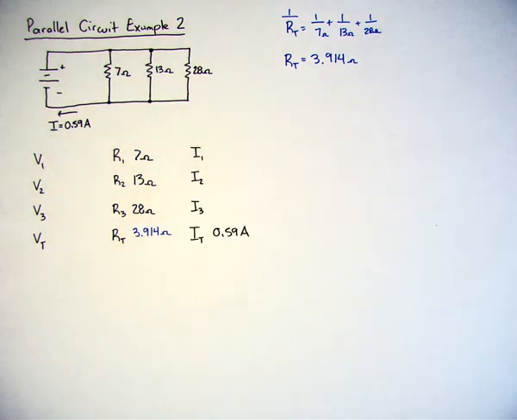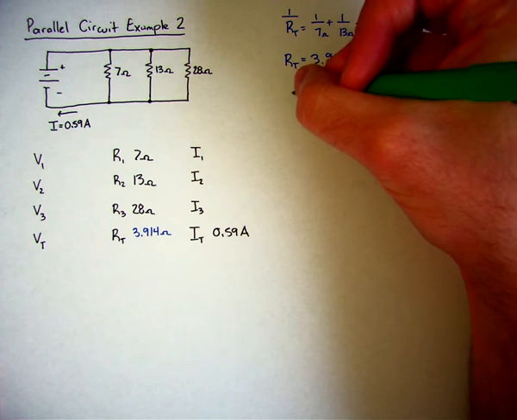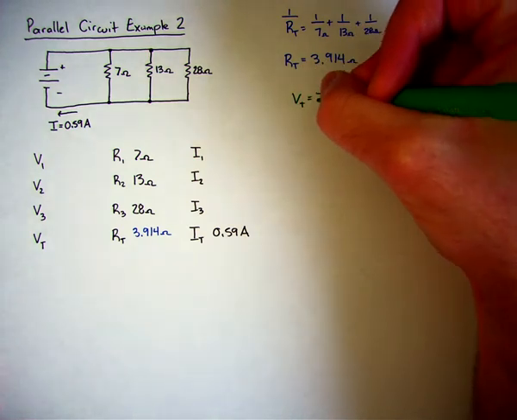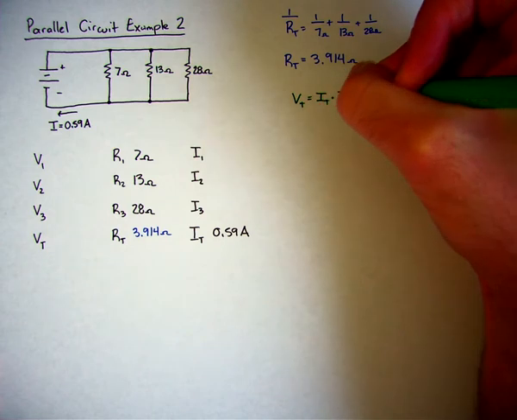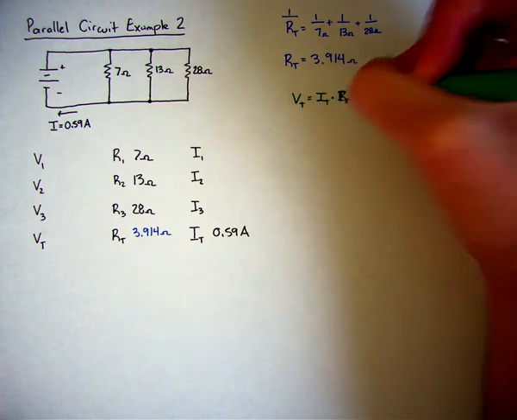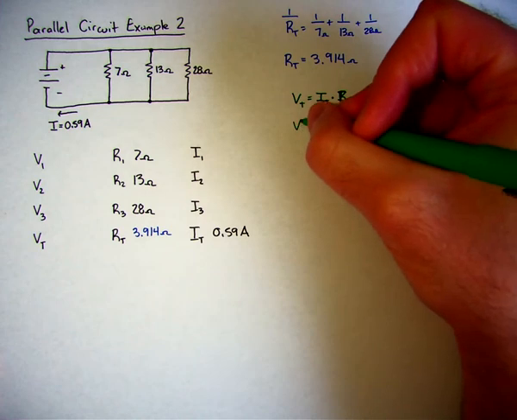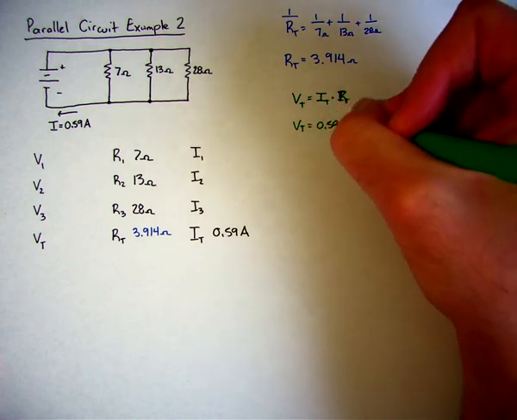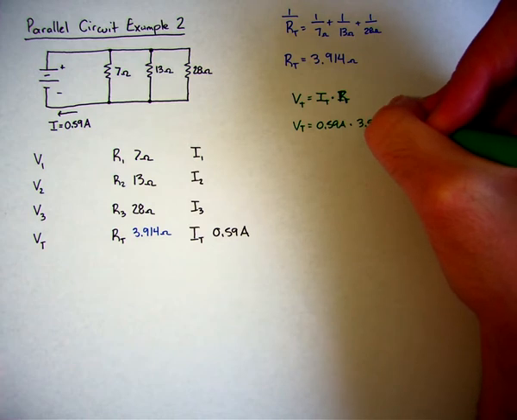Now that's important because now that I know the total resistance, I can find my total voltage just using Ohm's law. So I know that the total voltage is equal to total current times the total resistance. Oops, R sub T. So I know V sub T is equal to 0.59 amps times 3.914 ohms.